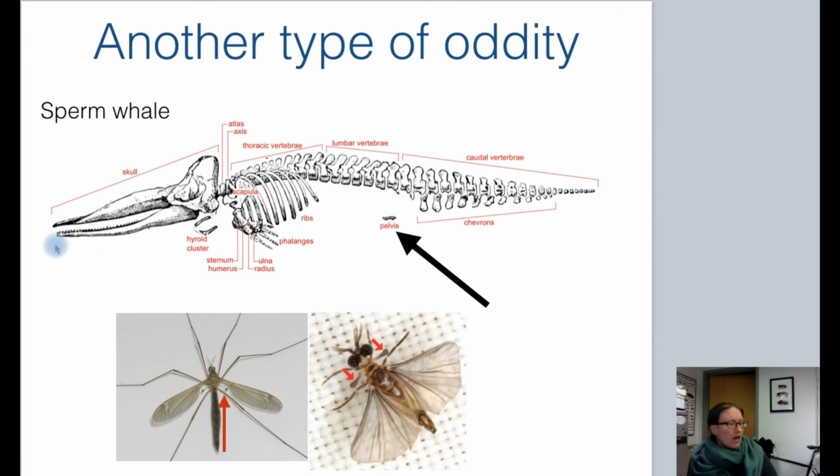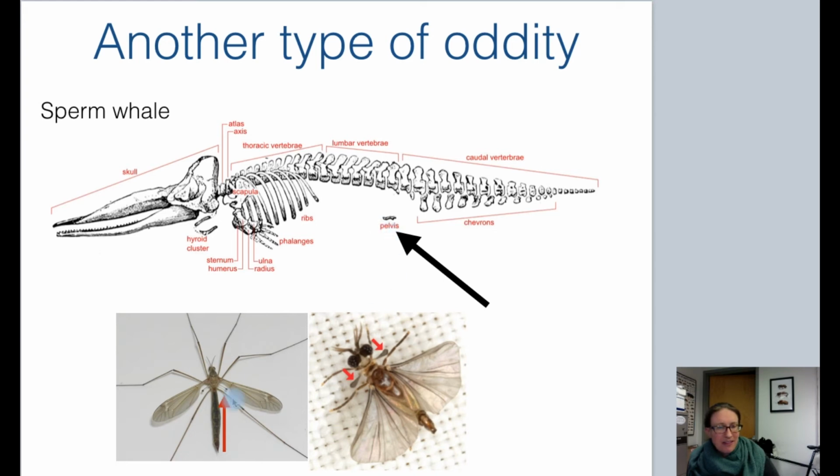Here's an example of another type of oddity that comes up when trying to construct phylogenetic trees. I've got two examples of these oddities on this slide. If you look at whale skeletons, you'll notice a really strange feature: there's a little floating bone that's not connected to anything else in the skeleton, and it doesn't appear to have any function whatsoever.